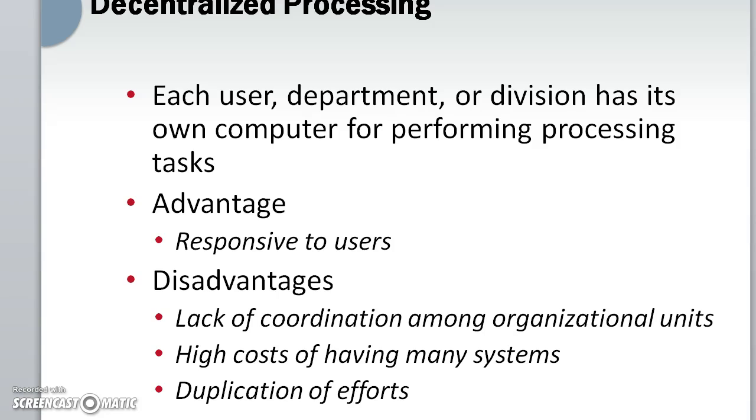There are some advantages because it's responsive to the user, so the user can use it at any time. Some of the disadvantages are the lack of coordination among organizational units. Also, there is a high cost of having many different systems, and sometimes it is duplication of effort.